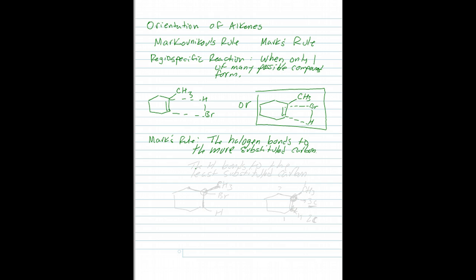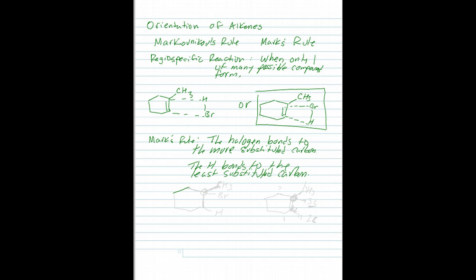Another way of looking at it is the hydrogen bonds to the, what do you think it is? If the halogen bonds to the more substituted, that means the hydrogen is bonding to the what? To the least substituted. It depends on whether you want to look at it from the halogen's point of view or the hydrogen's point of view.